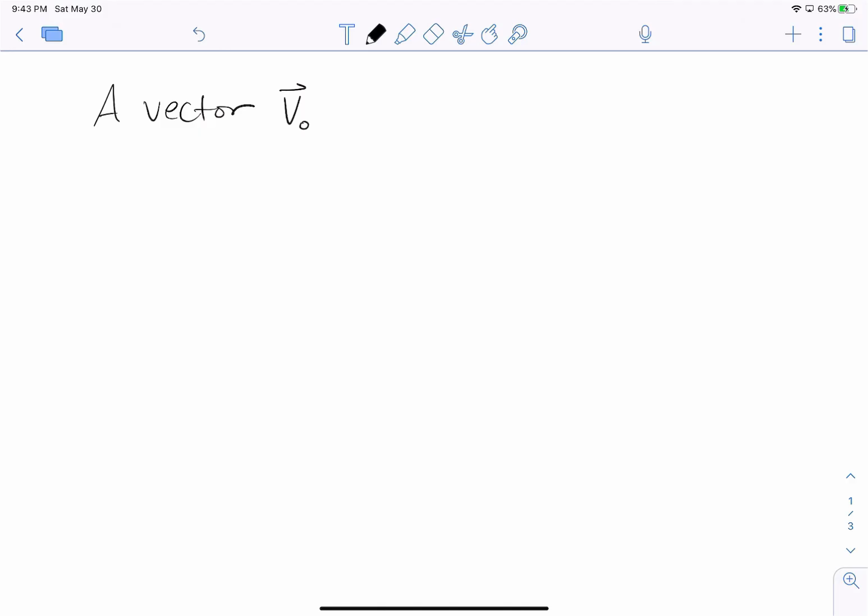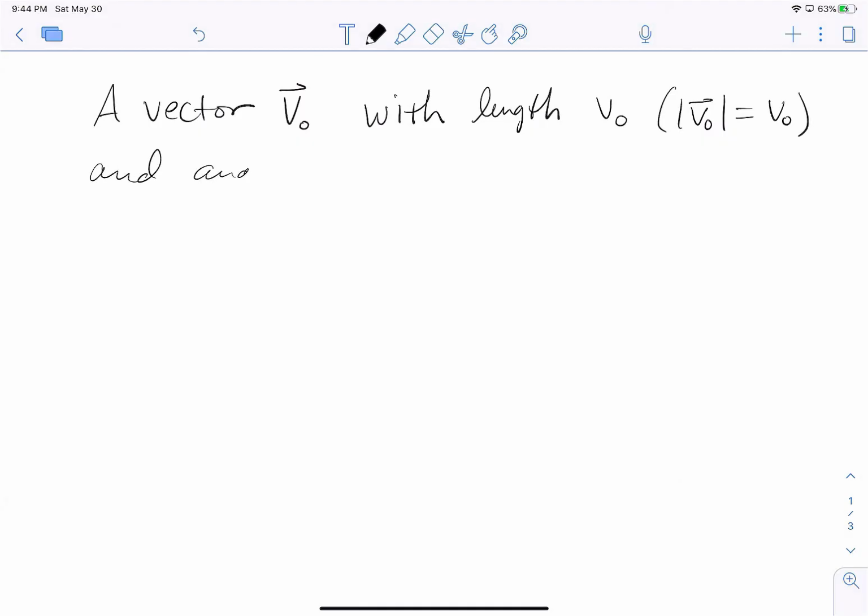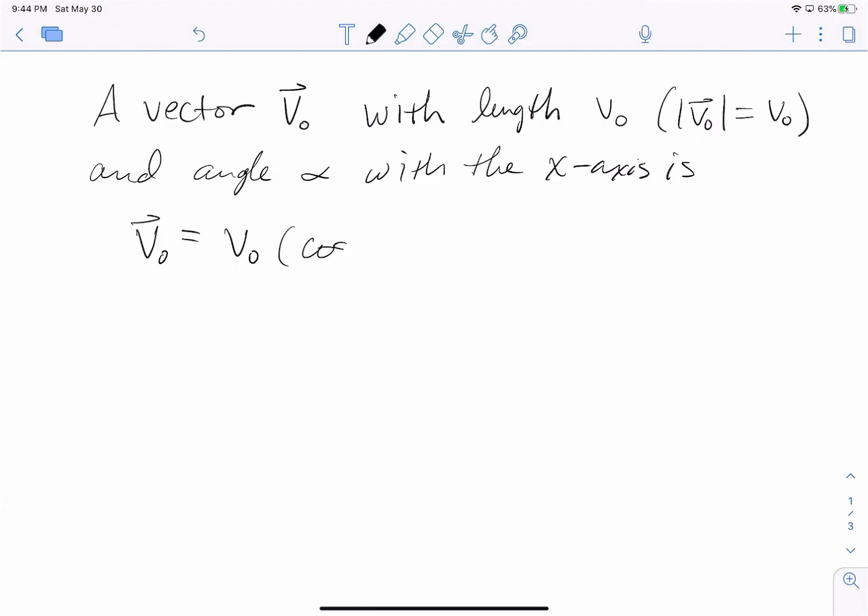Let's talk about the initial velocity vector v naught. A vector v naught with length v naught that we're going to give as a scalar. In other words, the magnitude of the vector v sub 0 is equal to the scalar v sub 0. And with angle alpha with the x-axis, v sub 0 the vector is equal to v sub 0 the scalar times the cosine of alpha i plus the sine of alpha j.